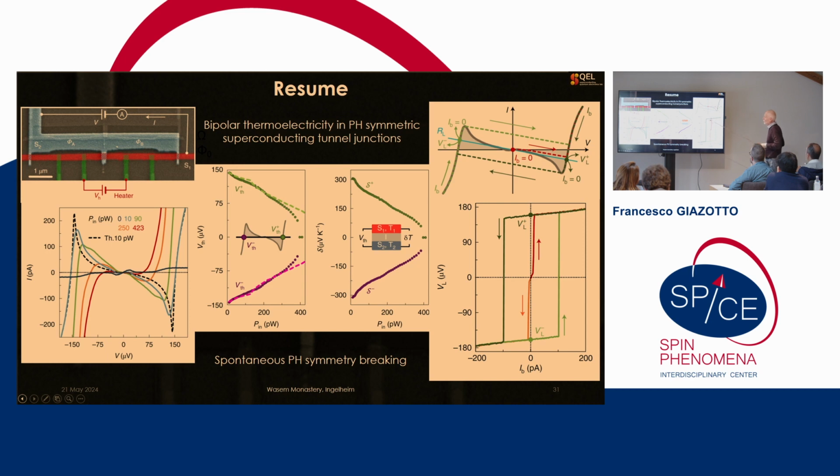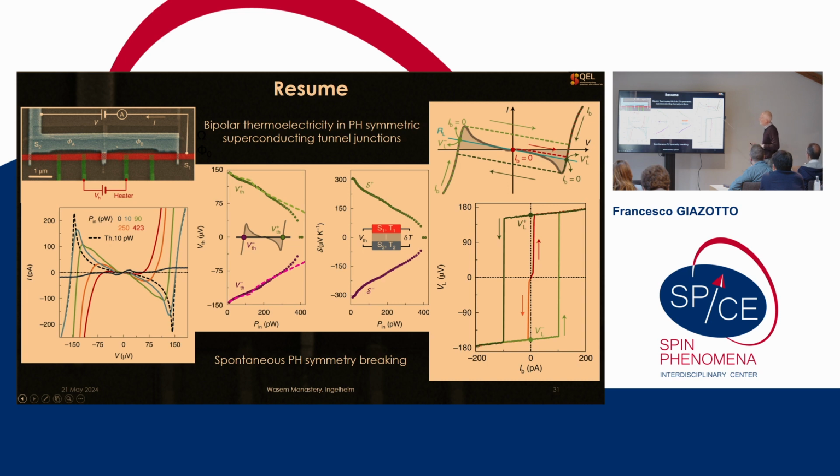So just to conclude, we have shown the existence of bipolar thermoelectricity in fully particle-hole symmetric superconducting tunnel junctions. So we have used the combination of SQUIDs in order to demonstrate the absolute negative conductance in strongly thermally biased interferometers. This gives rise to a thermovoltage and large Seebeck coefficient that is roughly 5 orders of magnitude larger than what is expected in normal matter from the Mott-Jones equation.